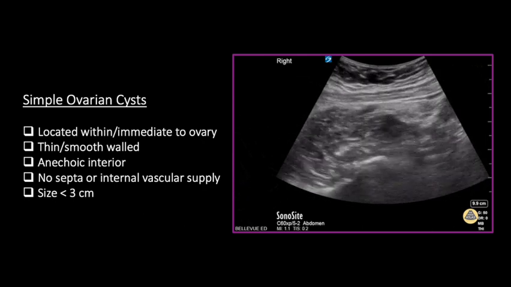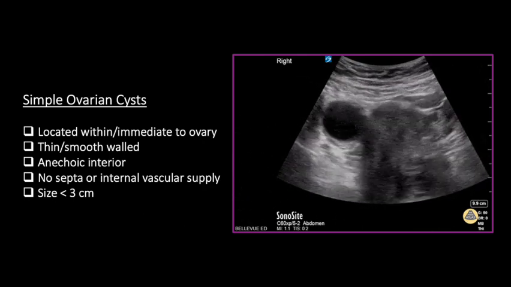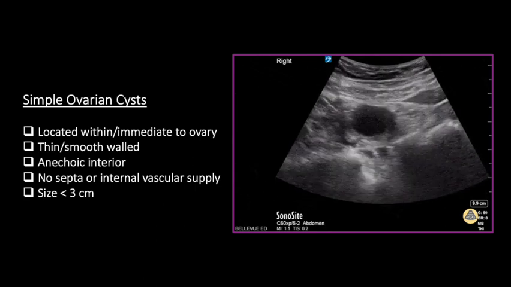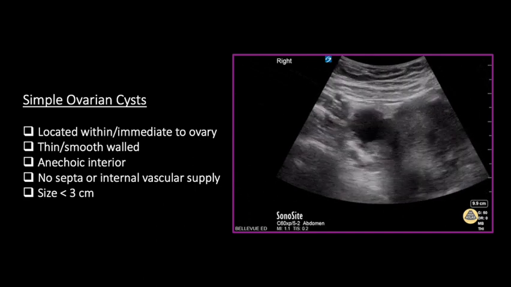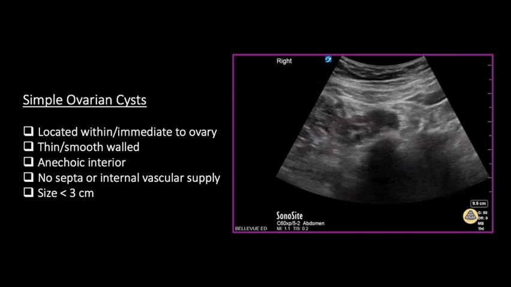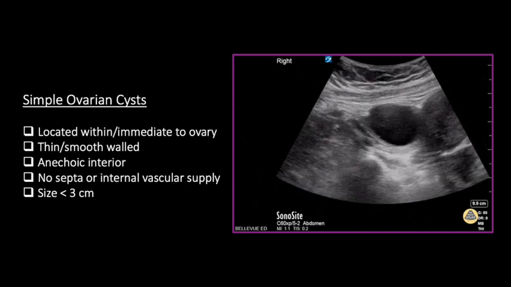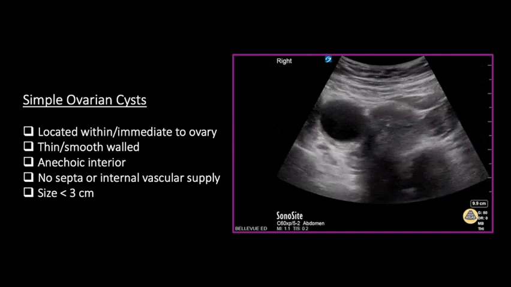This differentiates them from more complex cysts, which can contain septa or vascular supplies and comport an increased likelihood of malignancy. While size of these simple cysts may vary, cysts that are greater than 3 centimeters in size generally need to be followed with serial exams.